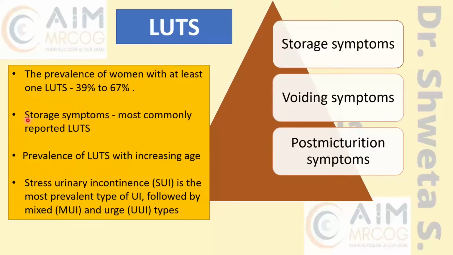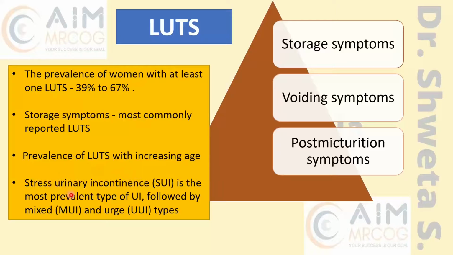The most common in LUTS are the storage symptoms. The prevalence also increases with increasing age. As age increases, the prevalence of lower urinary tract symptoms increases. That's why in old age there is gradually more urge incontinence and mixed incontinence, more difficulty. This is an important practical aspect: the symptoms increase with age.